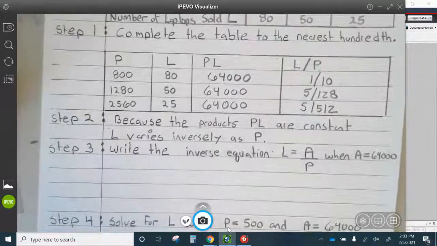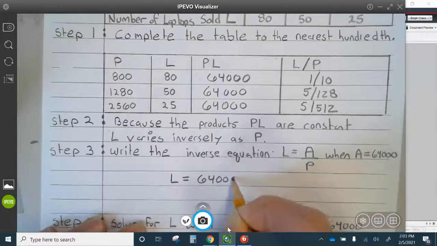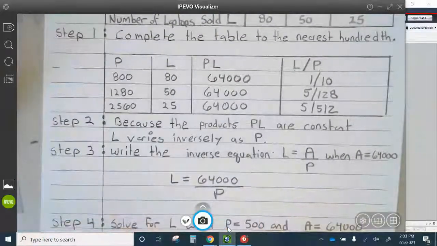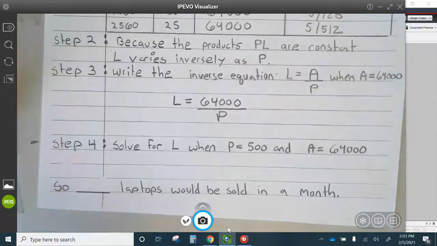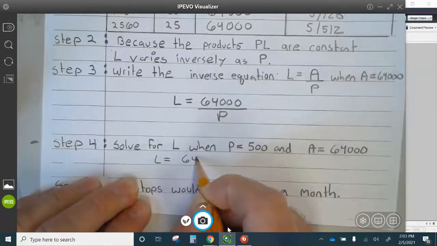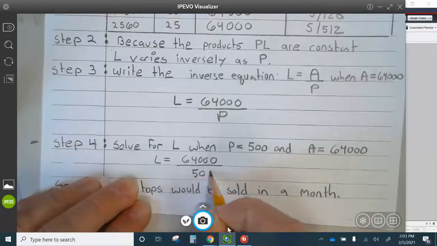Because the products P times L are constant, L varies inversely as P. Write the inverse equation L equals A divided by P when A equals 64,000. So L equals 64,000 divided by P. Solve for L when P equals 500 and A equals 64,000. Okay, so L equals 64,000 divided by P, which is 500.